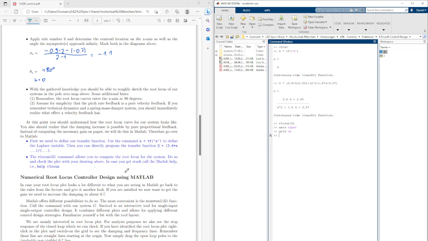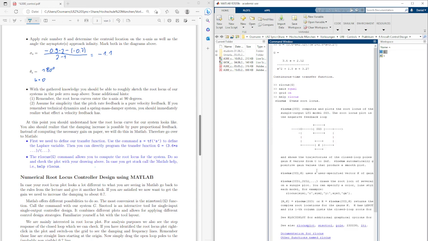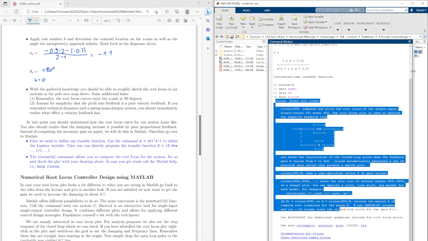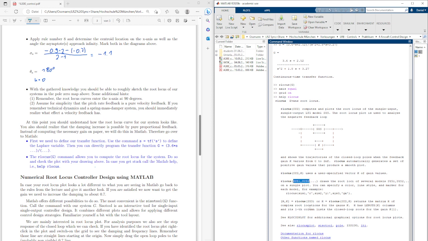In case we get stuck, call Matlab help. If you need some help, you can always ask Matlab to help you. Type help rlocus, and Matlab gives you a full document on what you can do with that function. You can also call it for different systems.